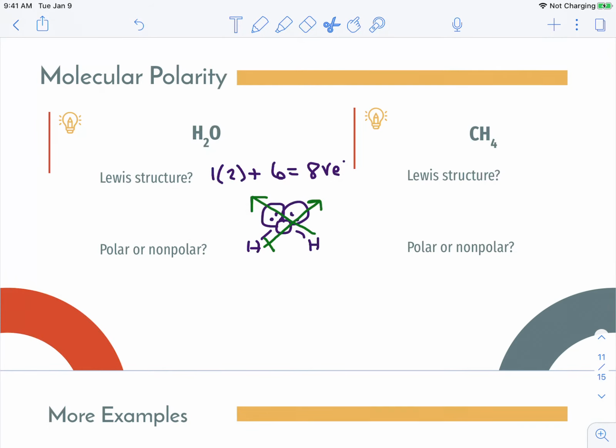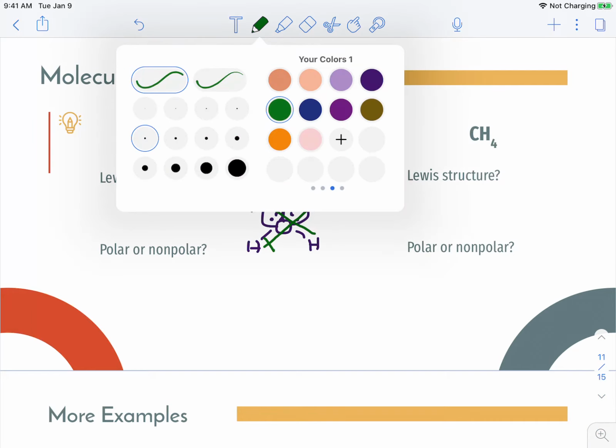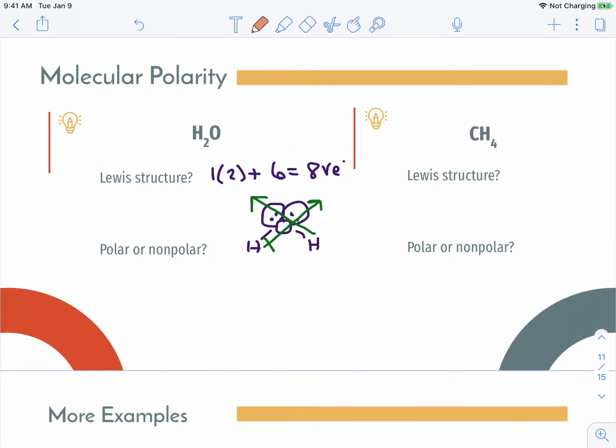So we have oxygen pulling harder, not sharing equally, right? Think of the ice cream cone. That oxygen is a polar bear, pulling harder in an upward direction.